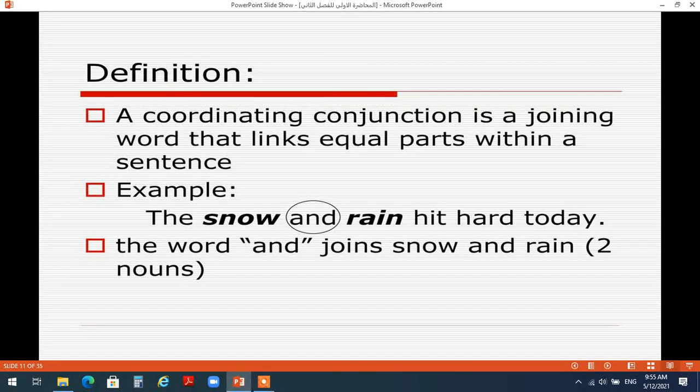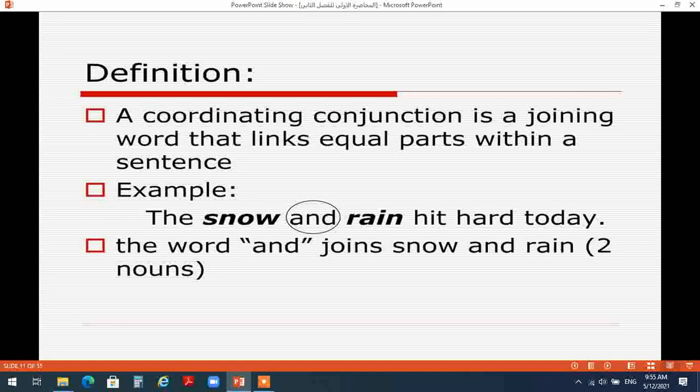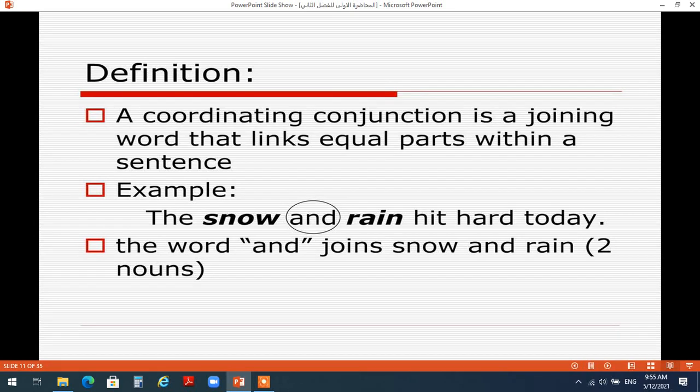For example, the snow and rain hit hard today. As you can see here, we have used the coordinating conjunction and to connect these two words, اللي هي snow and rain. So, as you can see here, we have a relation of coordination here.